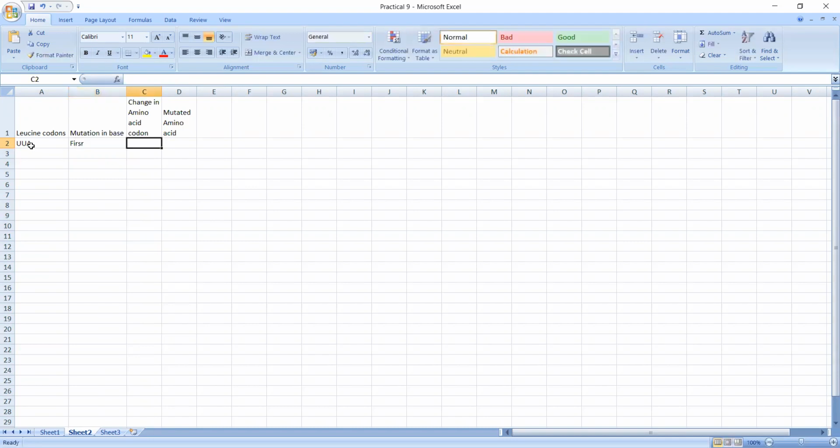If the first base is mutated, there are 3 chances of mutation in the first base. The actual first base is U. So it could be CUA, right? It could be AUA. Or it could be GUA. Is that clear?